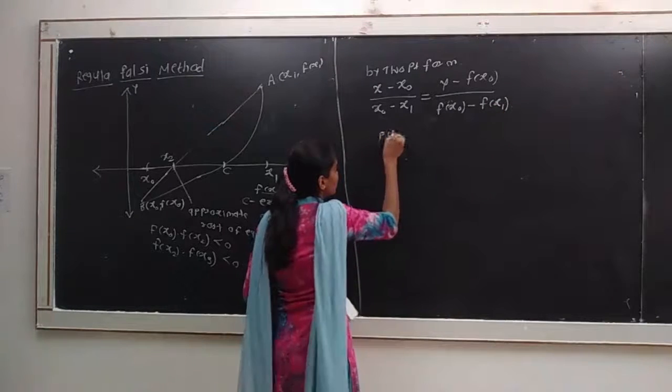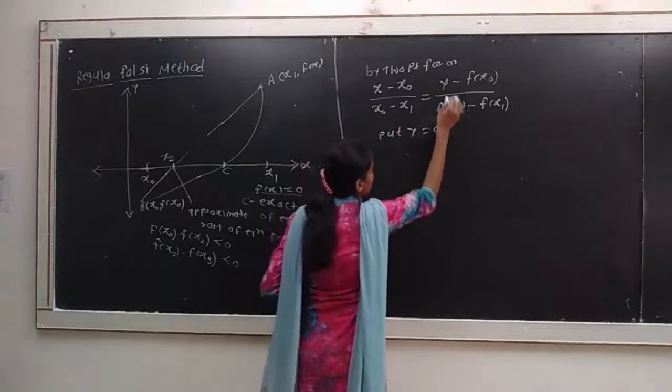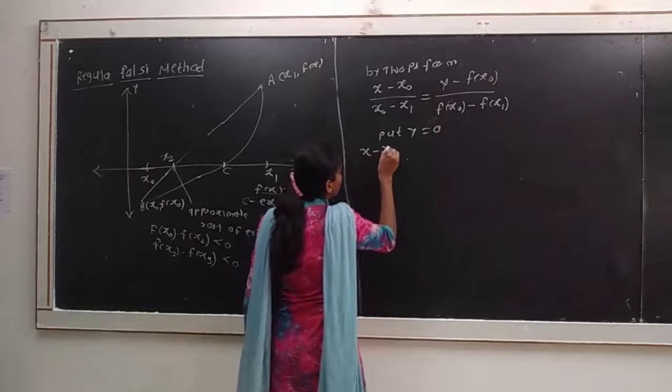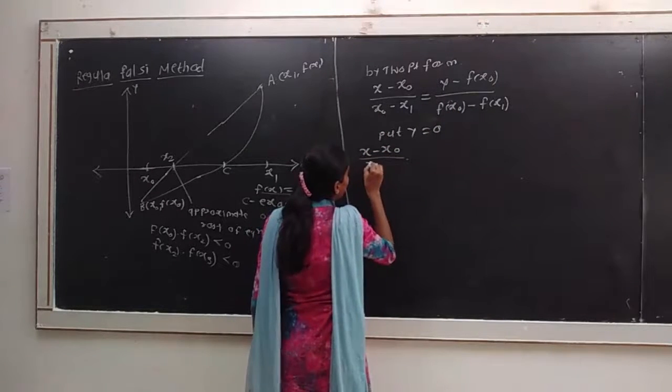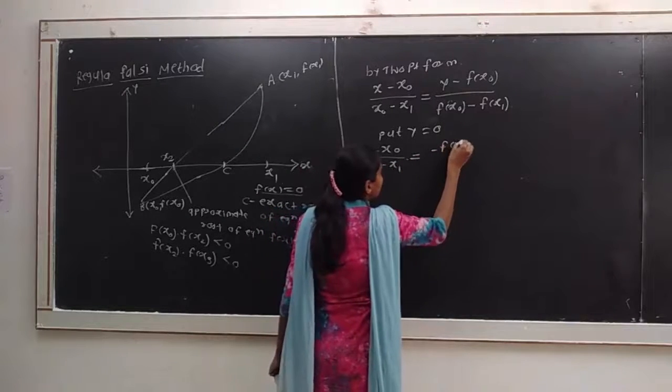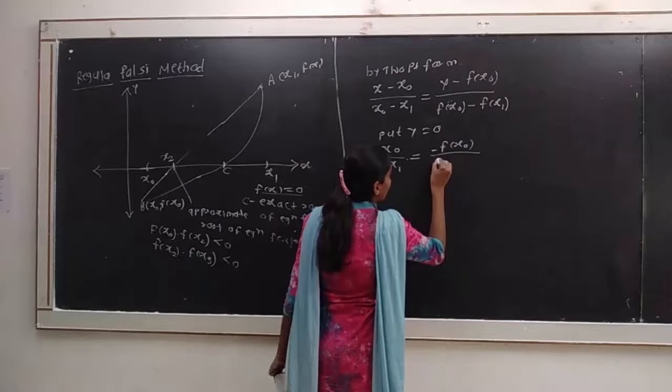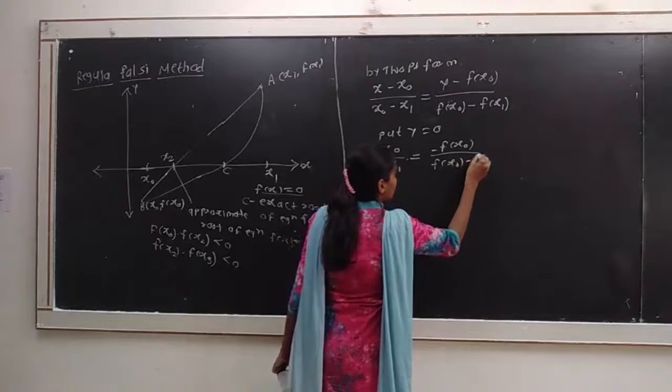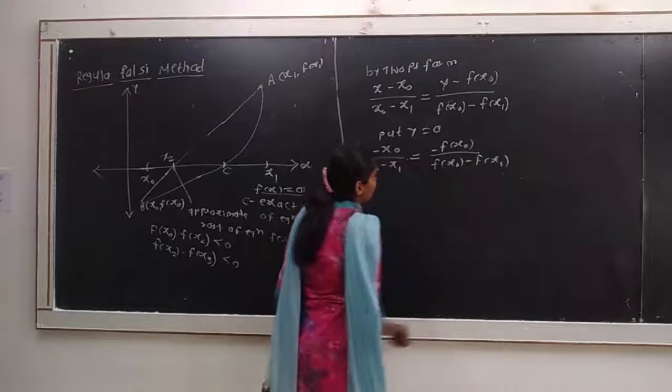Here we put y is equal to 0, and we get x minus x0 divided by x0 minus x1 is equal to minus f of x0 divided by f of x0 minus f of x1.